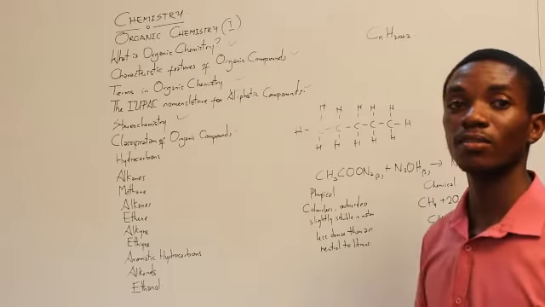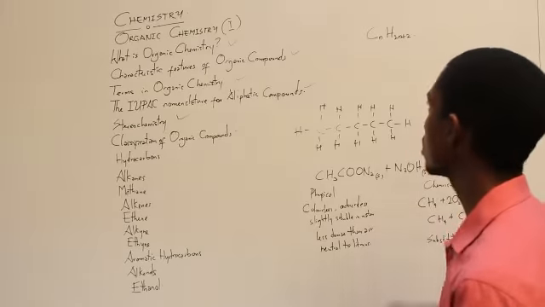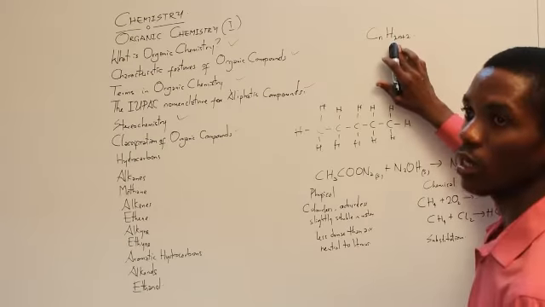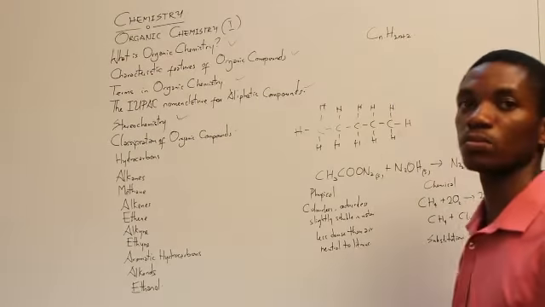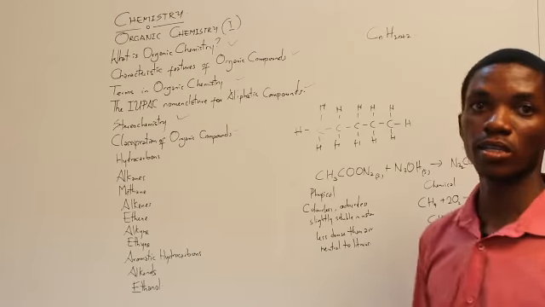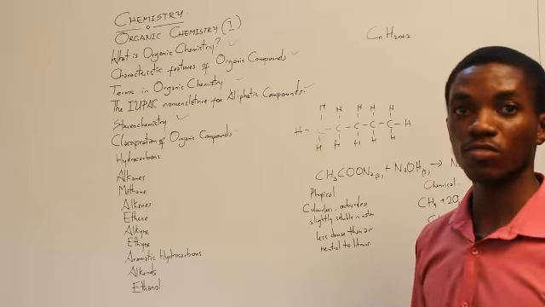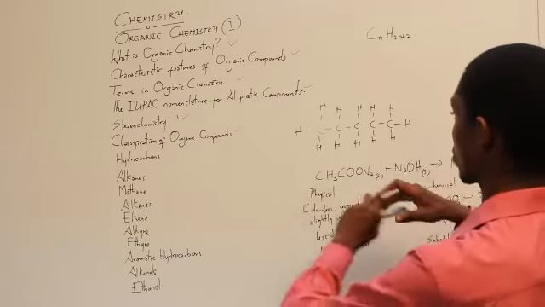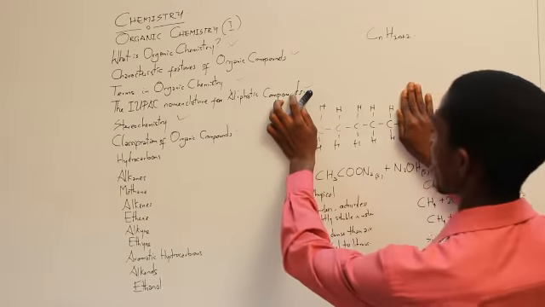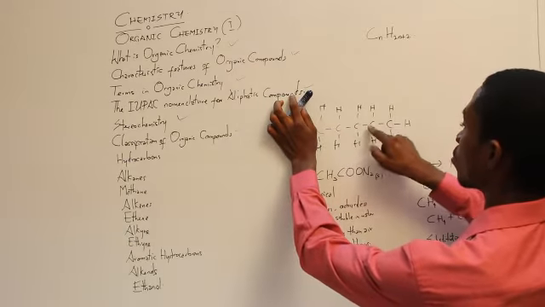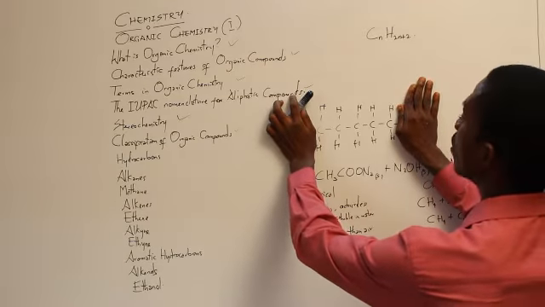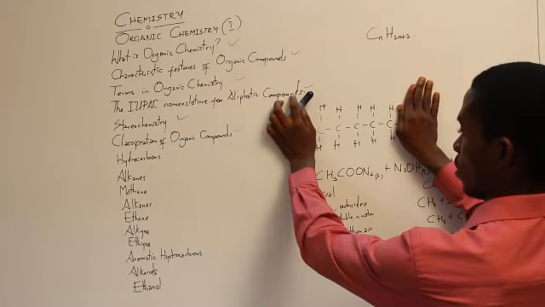The general formula, that is the family formula, is CnH2n+2. How does this formula come about? If you look at this, you see there are 6 C's, and on each of the C's there is an arrow up and one down.